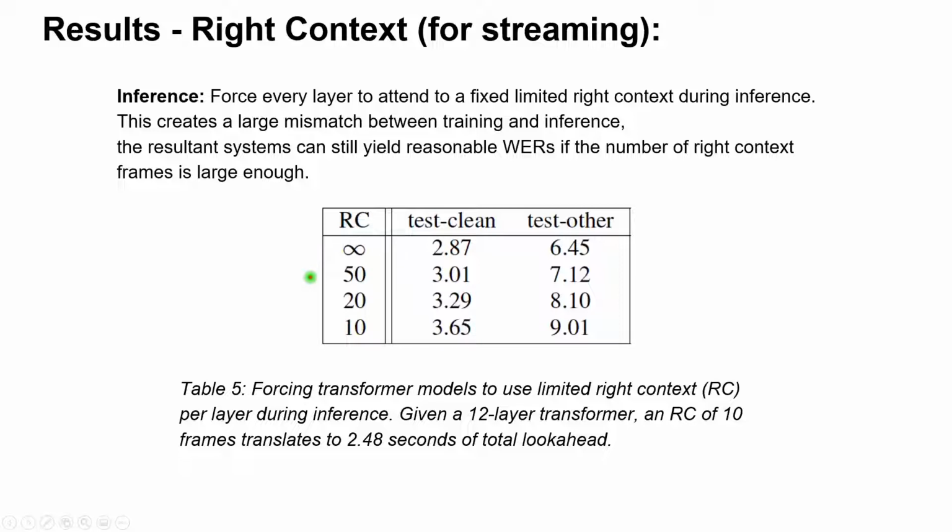As you limit the right context, the WER actually increases, but then you can decide on a compromise: whether you want to go for full context, or 50, or 20, or 10. This is the study that has been done here, but as part of the paper they mentioned that further work needs to be done for it to be very effective for streaming.